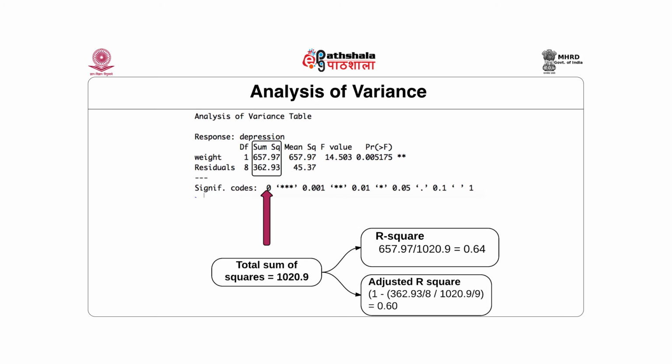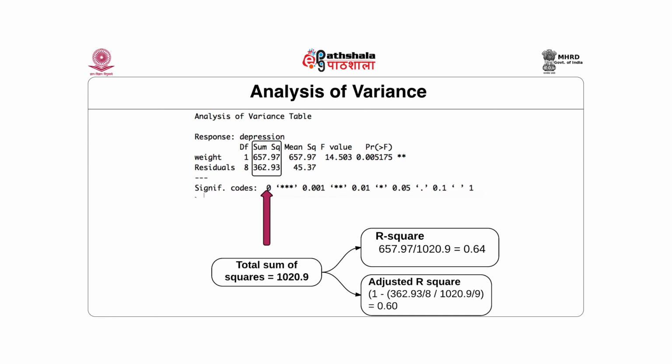Based on the ANOVA table itself, you can work out the R-squared, both the adjusted R-squared as well as the R-squared for the model. The R-squared is the property of a model which explains how much of the variability of the outcome variable can be explained by the explanatory variable.